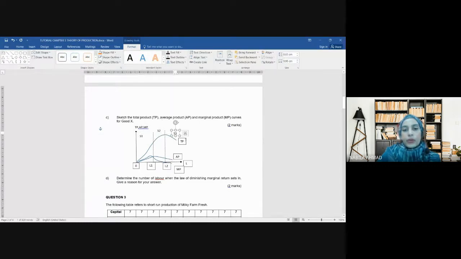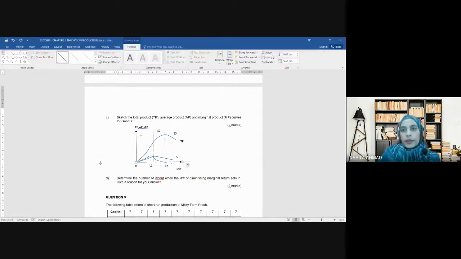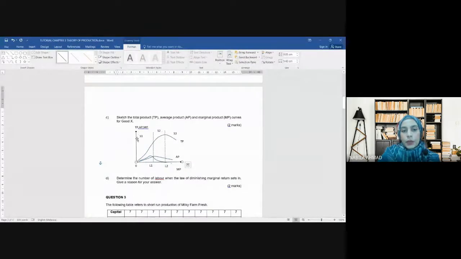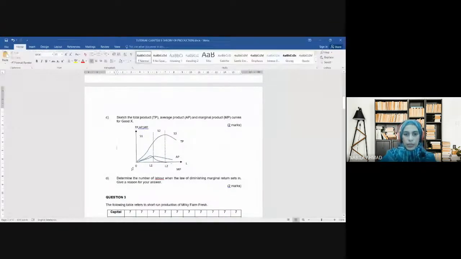Dia hanya nak tahu shape of the curve sahaja dan awak tunjuk stages itu. Okay. So kena practice lah untuk sketch. Okay. So we have stage 1, 2 and 3. Okay, boleh buat macam ni lah.